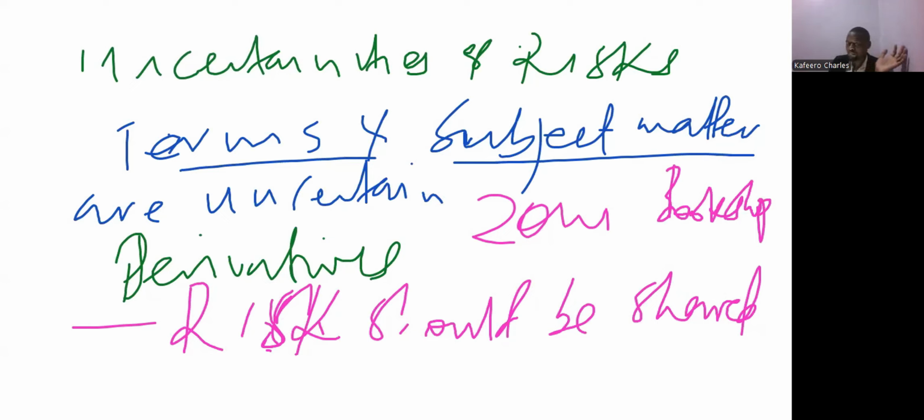Before I start even doing anything, the money is stolen. So what will happen according to Islam? The risk must be shared, because I never intended to let this money be stolen. So the loss will be shared.